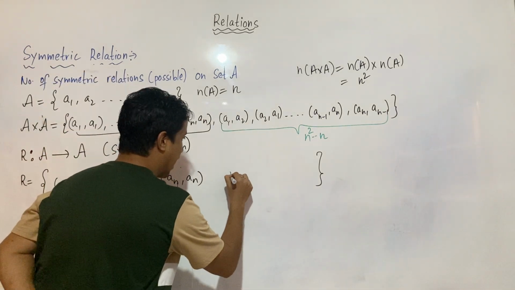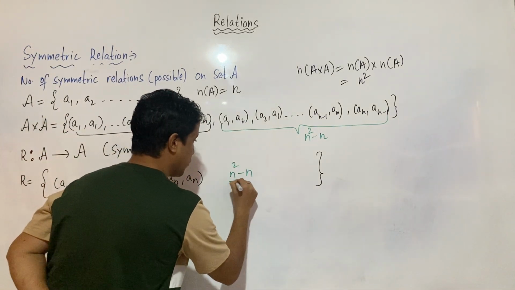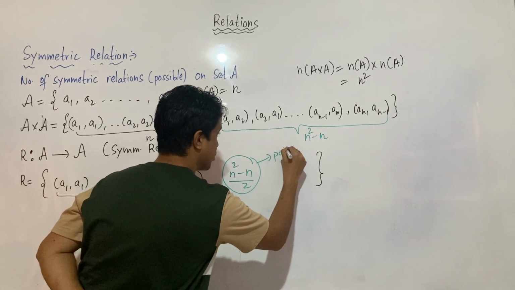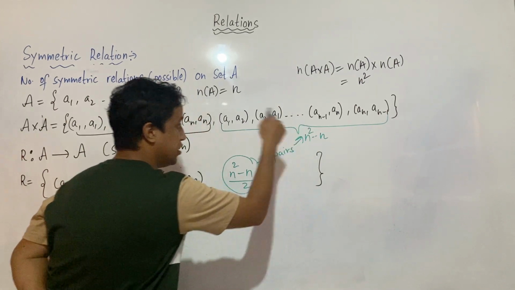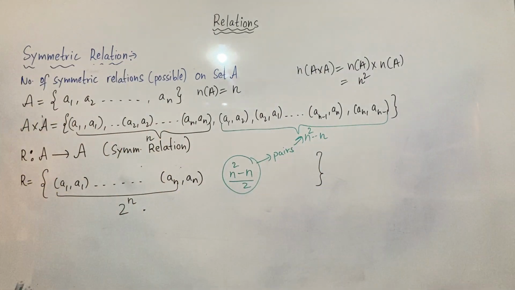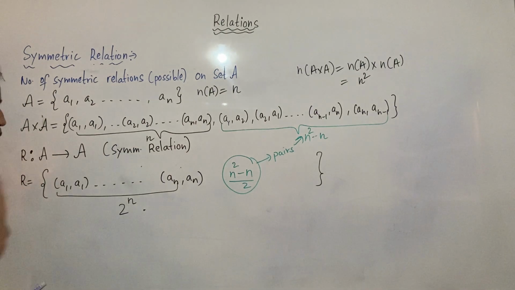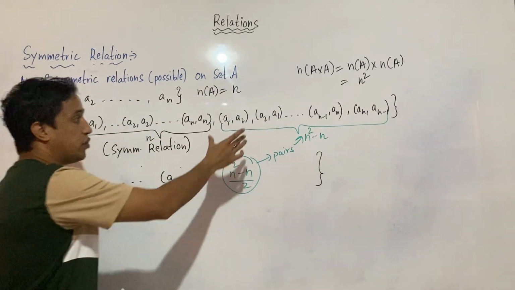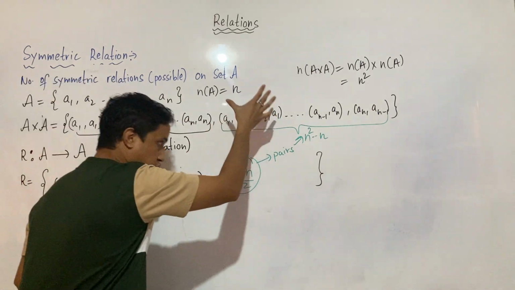It would be n square minus n divided by 2 pairs. Pairs are possible for these terms left here, right? And again, these will have possibilities. Now they will come in the pair.